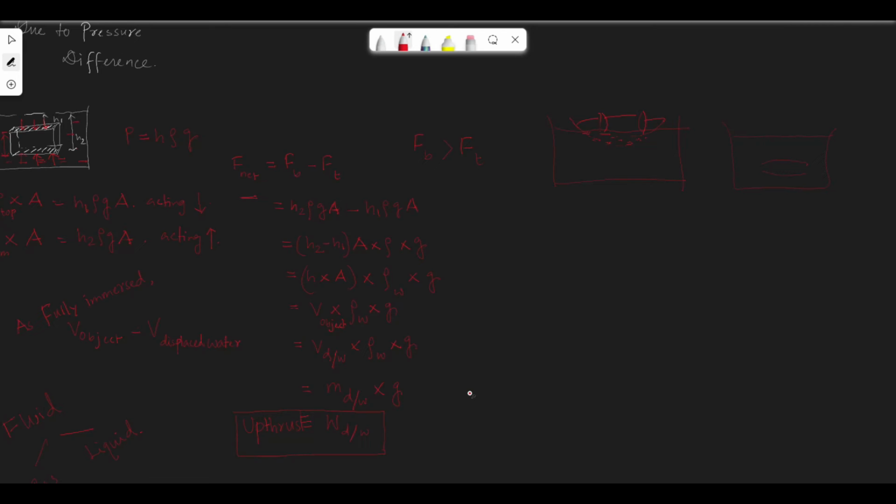So at whatever position the object is, whether it is floating like this or fully immersed and maintaining a constant depth under the ocean, it doesn't matter. The flotation principle will be followed: the downward force, weight, equals the upward force, upthrust, as long as the object is maintaining a constant vertical position.